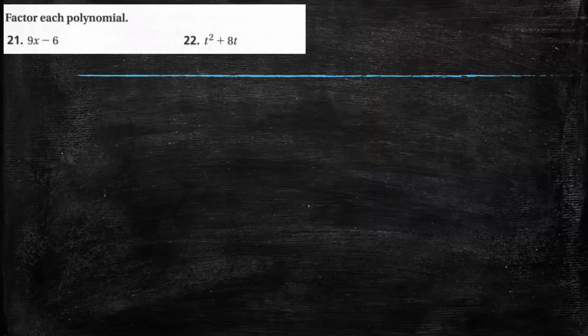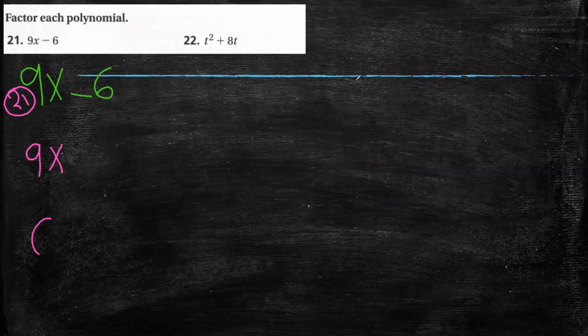The first one, as I told you, is 9x minus 6. So the first step here, take the 9x here and the 6 here. Take each monomial and put them under each other. Then find the GCF. Let's factorize 9.